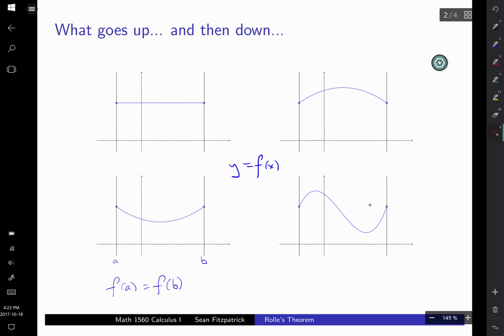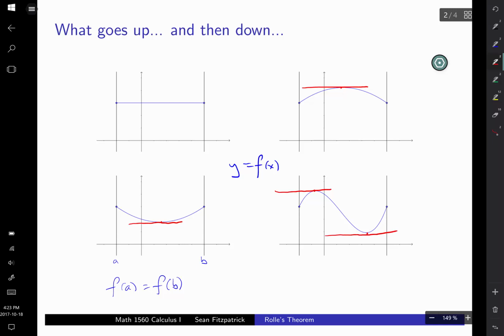But in each case, you notice that in the first case, the graph is horizontal all the way across. But in each of the other cases, there's somewhere in that graph at least one point, there might be more than one, where the tangent line is horizontal.